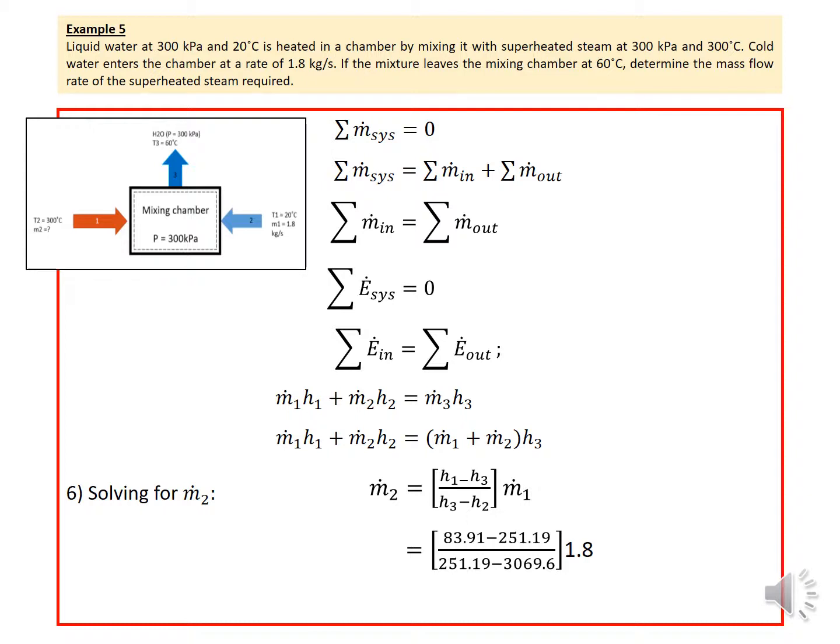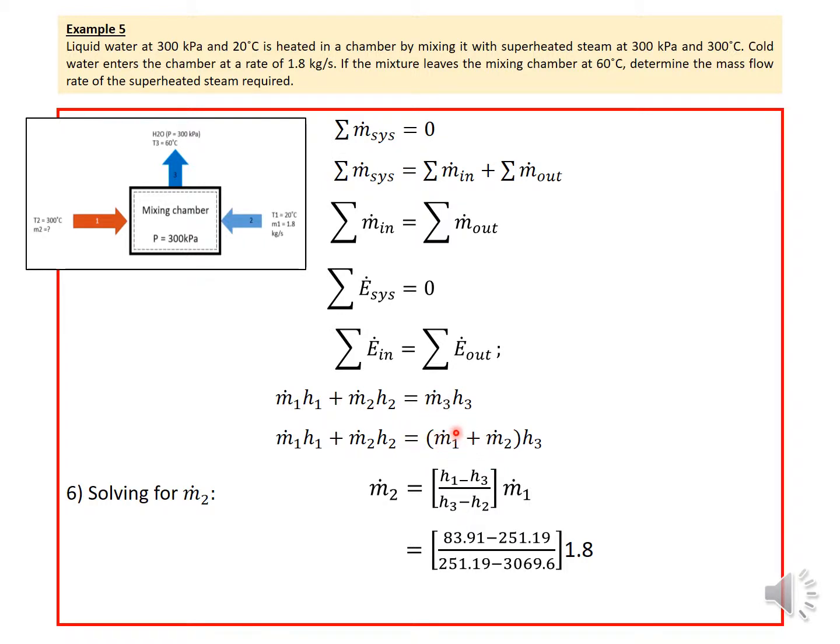In order to find the mass flow rate at point 2, we need to apply the mass balance equation and also the energy balance equation. From the combination of these two equations, we get this equation. But we need to understand why m1 plus m2 equals m3.